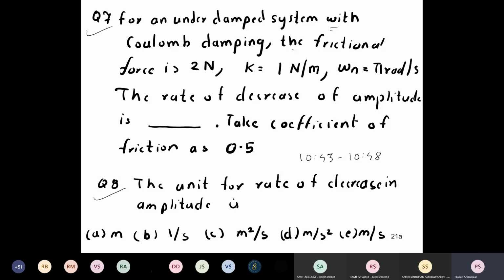Sir, in question number 8, what is it written? I cannot understand.